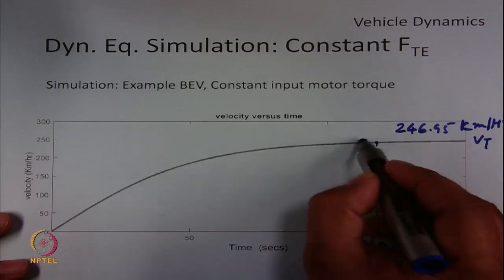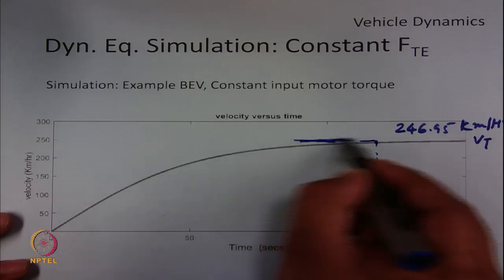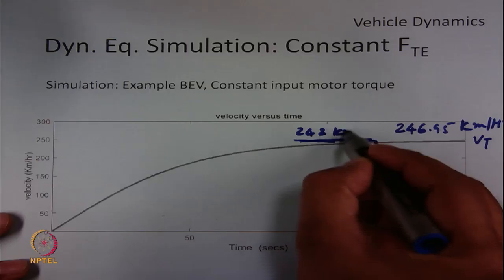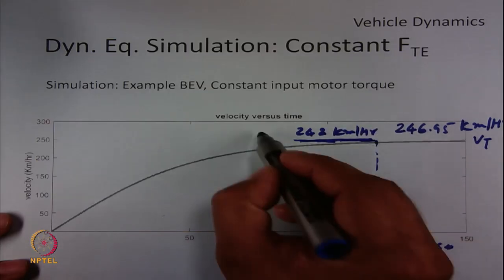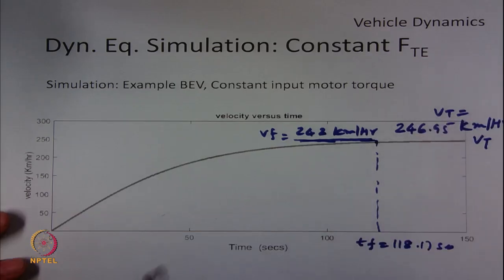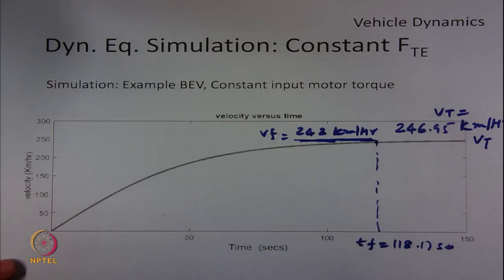So, here the value is 242 kilometer per hour. So, this is Vf, this is Vt, and this is Tf.